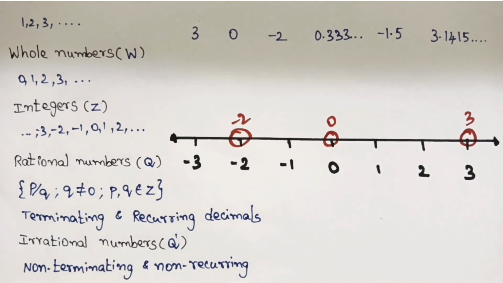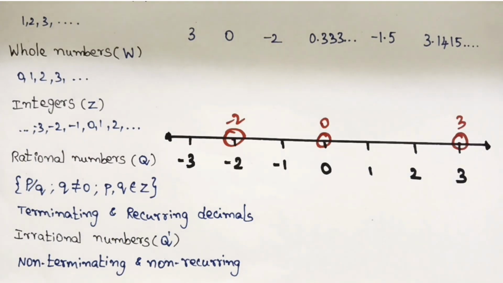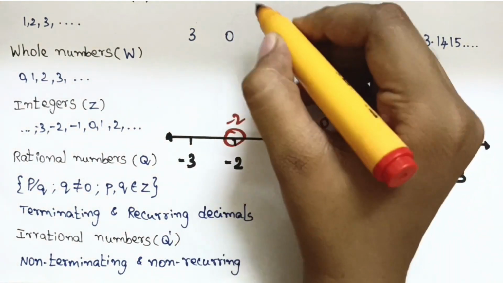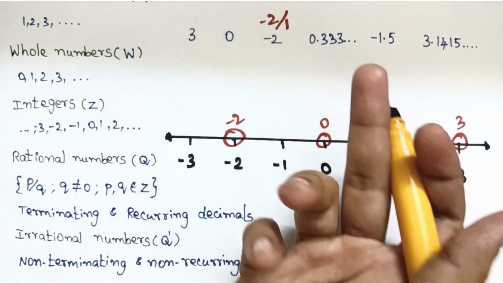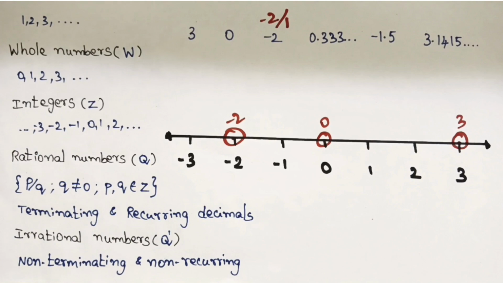Rational numbers contain terminating decimals and non-terminating and recurring decimals. They can include integers because integers are represented by minus 2 by 1, where 2 and 1 are integers. It includes positive and negative fractions.